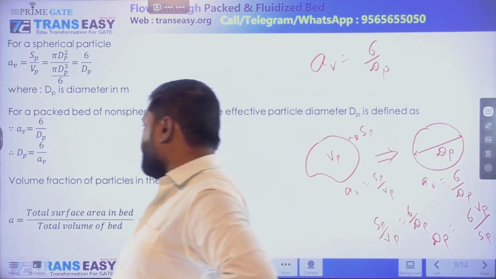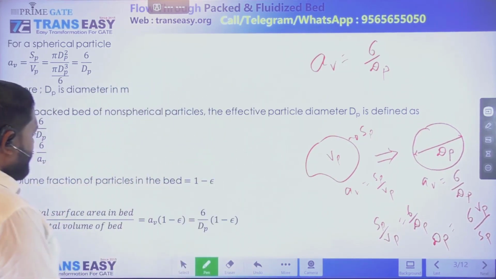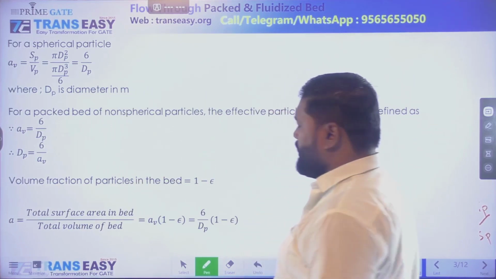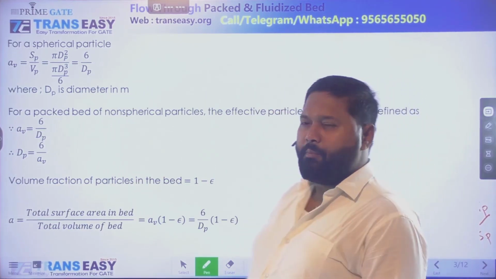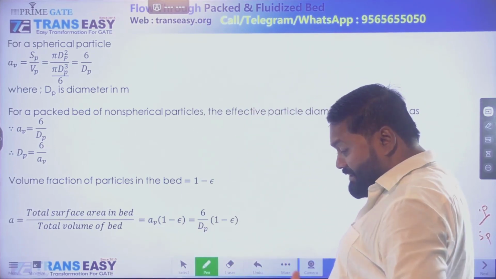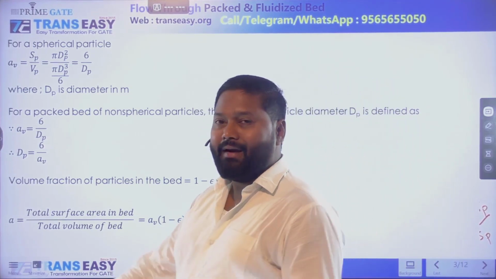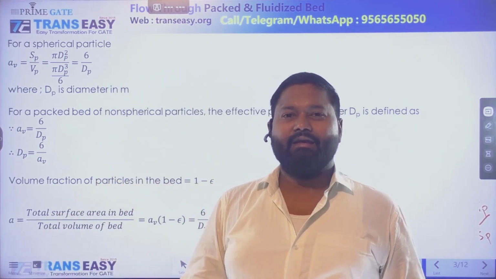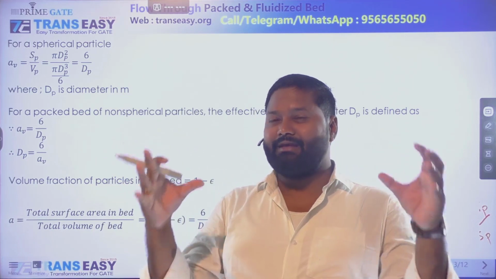Now we define A. A is the total surface area of particles in the bed upon the total volume of the bed. All particles constitute what surface area? That is the total surface area of the particles.